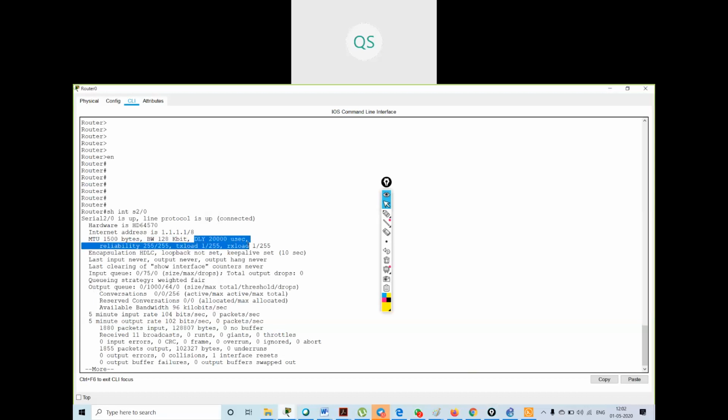Delay is 20,000 microseconds. Reliability is 255. You can give maximum value as 255. MTU is 1500 bytes, so you can transfer 1500 bytes.